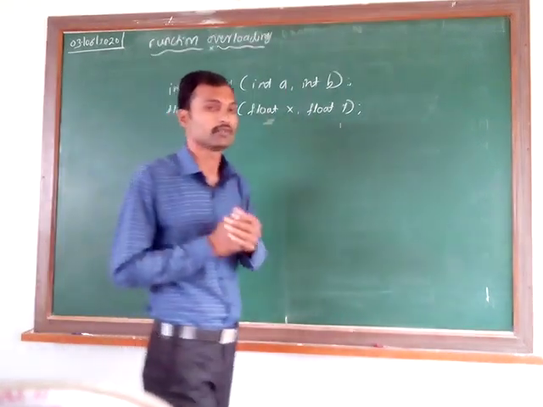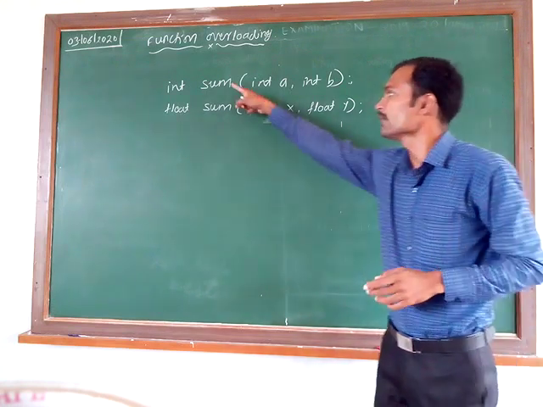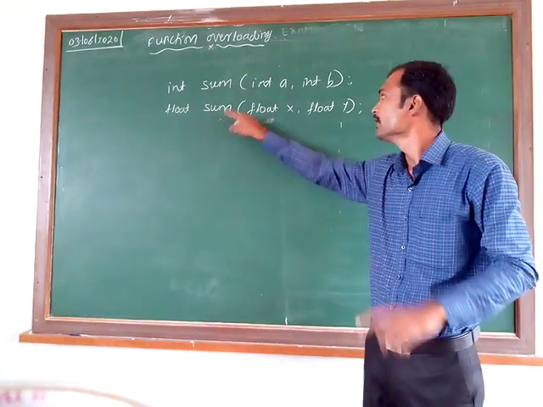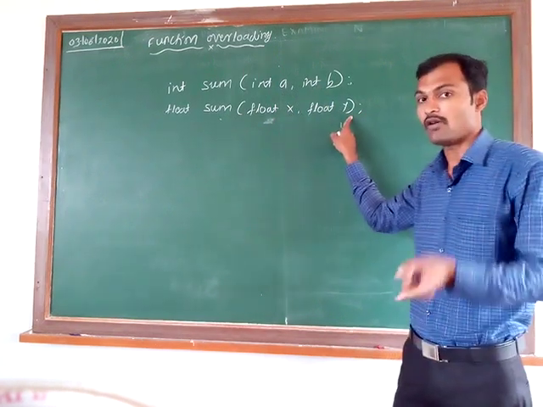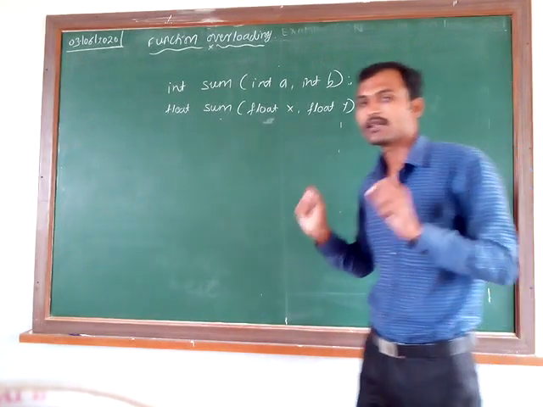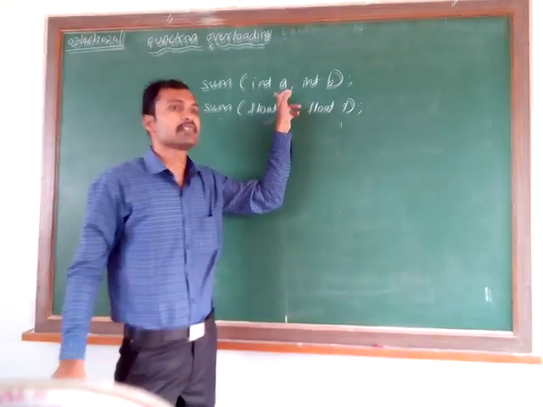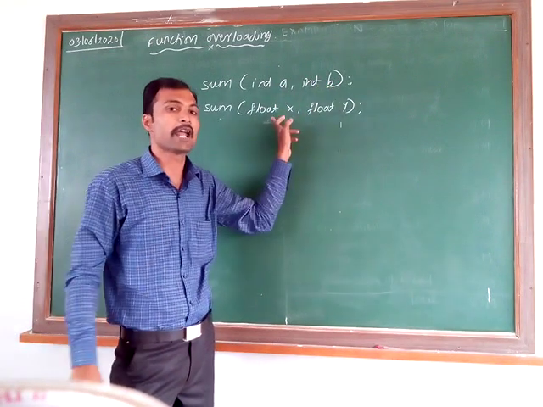See the definition. Function overloading means two or more functions have the same name but differ in number of arguments or type of arguments. At least one condition should be satisfied. There should be a change in the number of arguments or a change in the types of arguments.